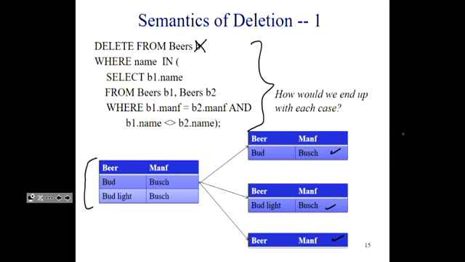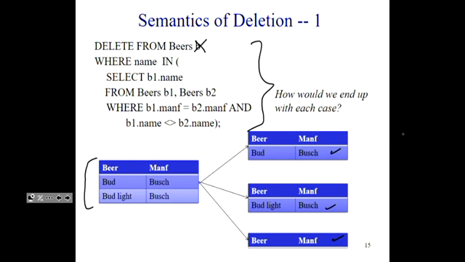Just walk through what is going on, right? So this relation, the way we are going about doing the deletion is we are checking if that beer is one of those beers that is also made by another, or is one of those beers where the manufacturer makes multiple beers, right?